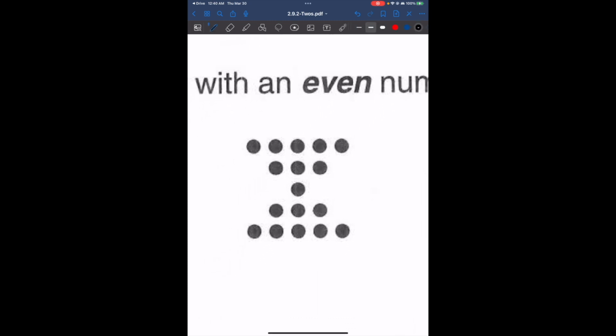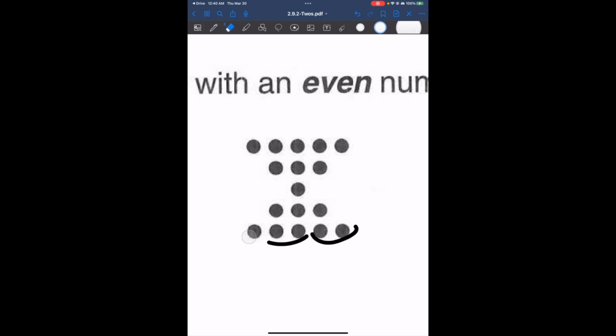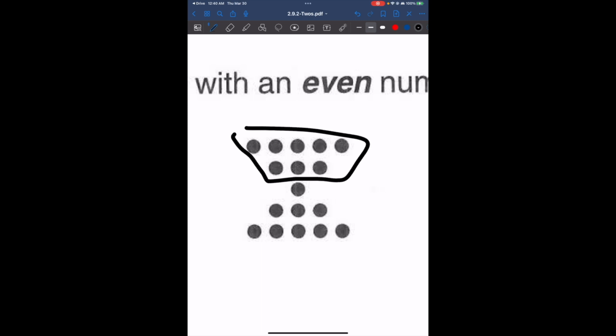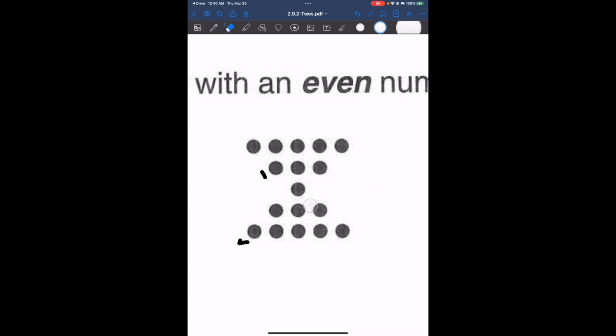Now if we look here, we can again do the 2 dot method. That leaves us 1 remainder, so we know that it's odd. Another way to see this is that we can group it into 2 whole groups like this. So 8 dots, we have 1 remainder left, so it's an odd number of dots.